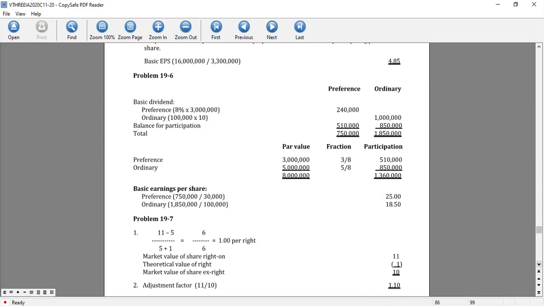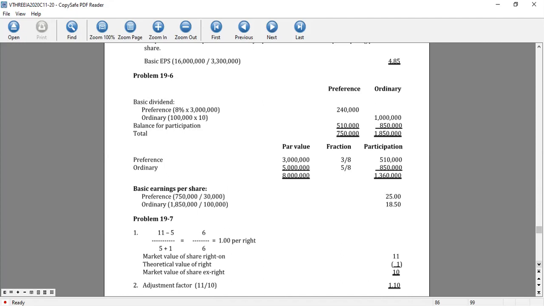So the balance for participation is now for preference, we have 510,000 and for ordinary, 850,000. Now take note the computations at the bottom for the distribution of the balance. The preference shares with par value of 3 million, the ordinary of 5 million.